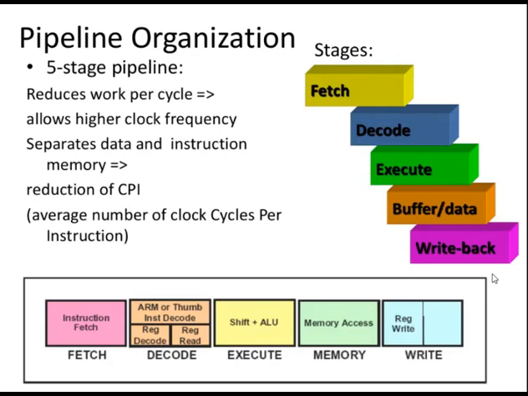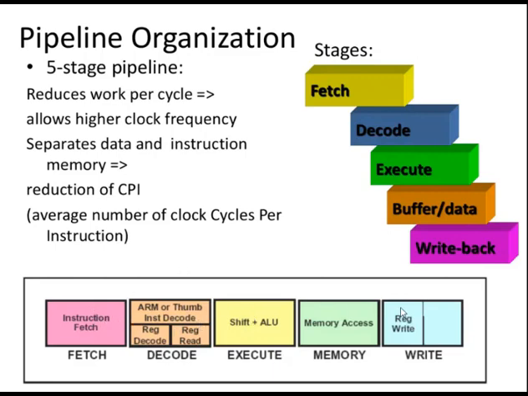But if it is a 5-stage pipeline, now fetch, decode, execute is for the 3-stage pipeline. In the 5-stage pipeline, the different stages are fetch, decode, execute, buffer or data, and write back.